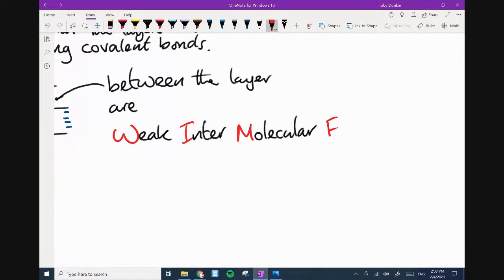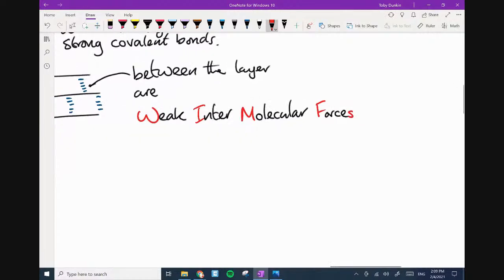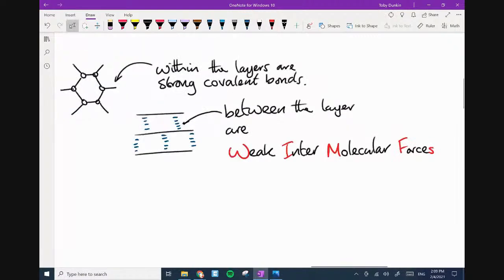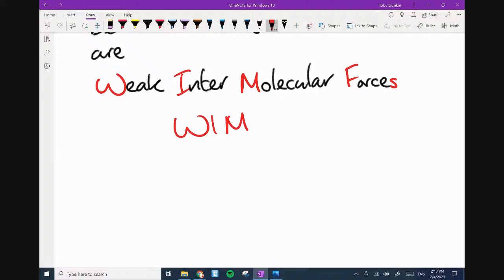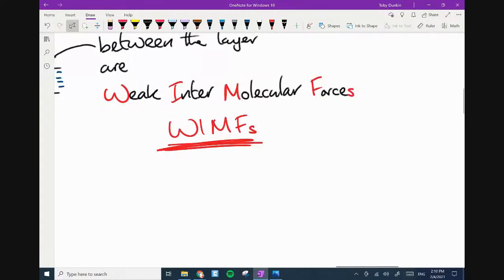There we go. Now, when I first started teaching chemistry, I didn't do this little acronym, but I love this acronym now. It's one of my favorites. These I like to call WIMPs. Now, you can't use this in your exams, but you can use it to help you remember weak intermolecular forces.